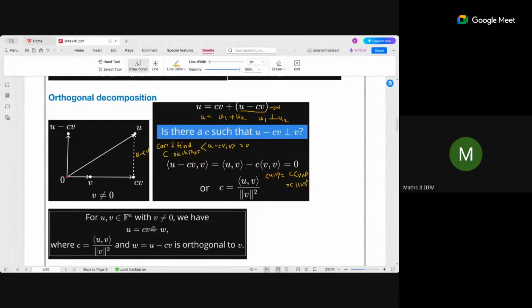And you know that v and w are orthogonal. If v and w are orthogonal, then cv and w are also orthogonal. So this is an orthogonal decomposition for u. Okay, fine.